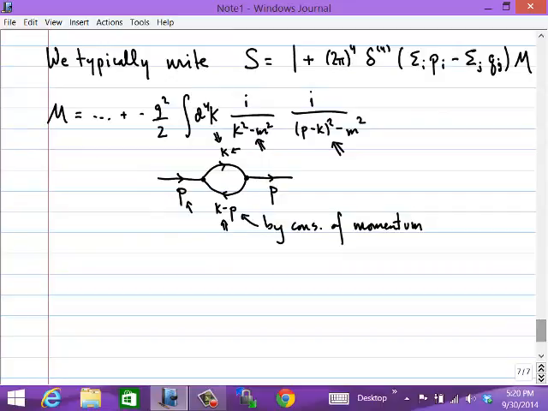So based on this, you can probably anticipate what the rules for computing scattering amplitudes using Feynman diagrams are going to look like in momentum space. Okay.